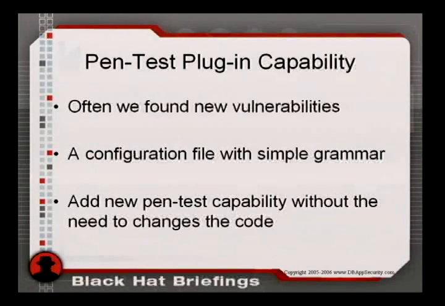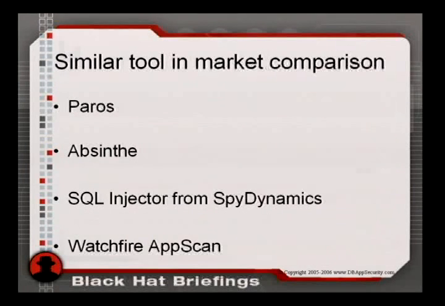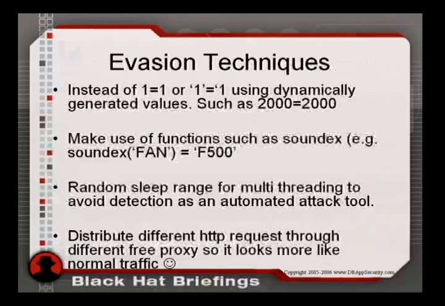You can always plug in new items as I described, similar to the Metasploit. And evasion techniques, because I know that IDS tries to detect this stuff. For example, 1 and 1. There are always different ways to evade the detection.